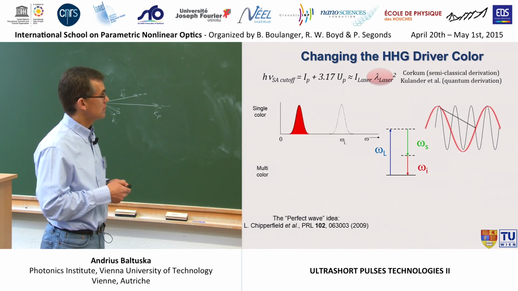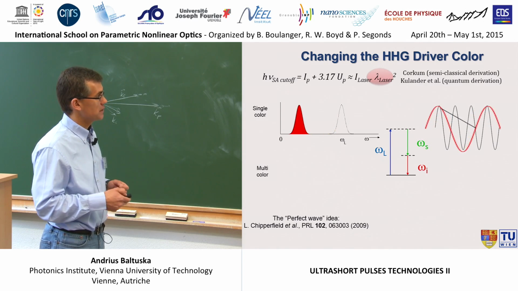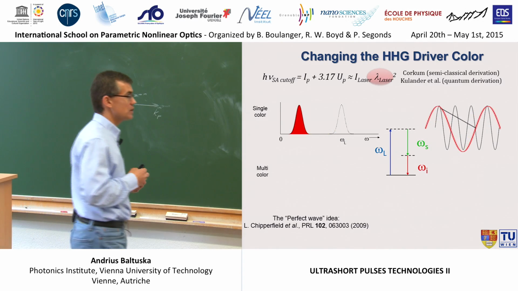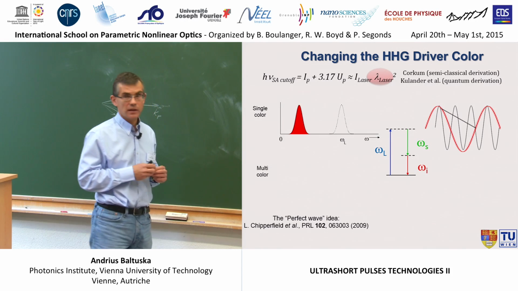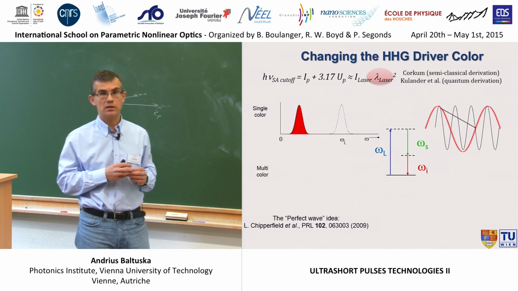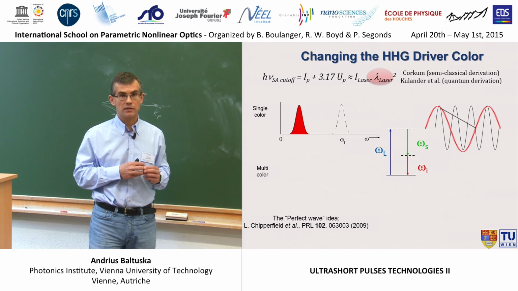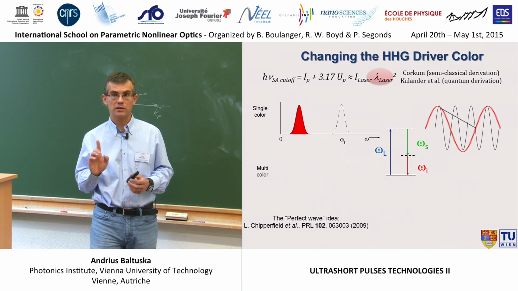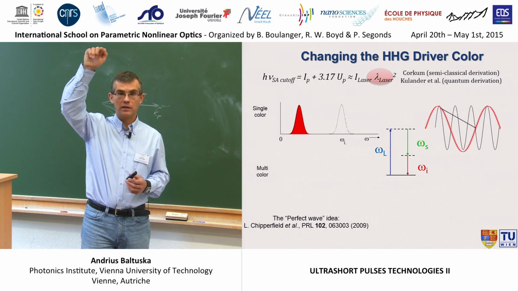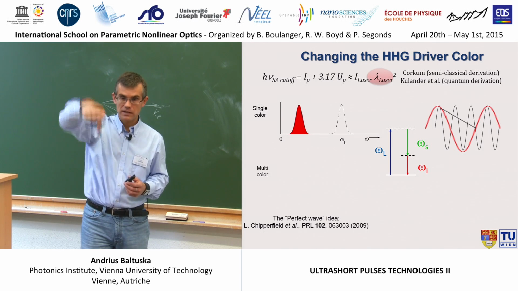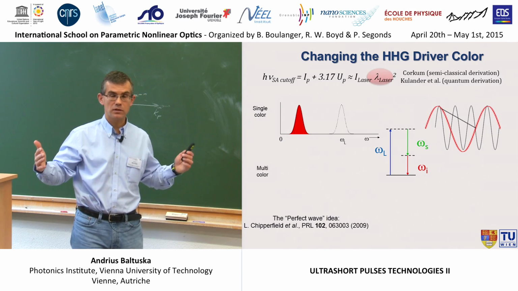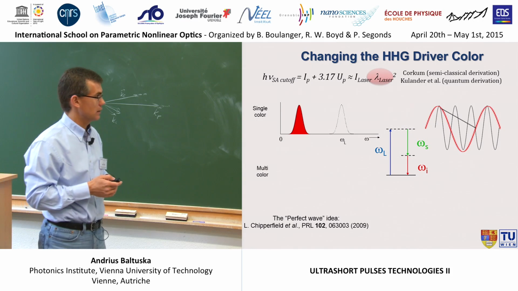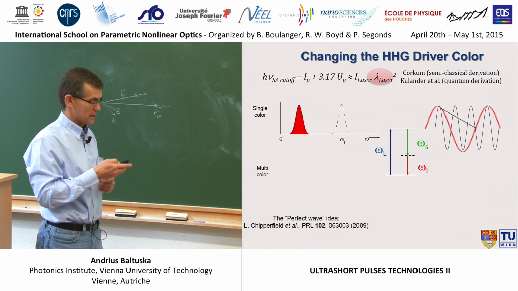We can tune the optical frequency down, and that creates a longer oscillation cycle. And this oscillation cycle acts as a miniature accelerator. So you have a longer duration within which the electron is first accelerated in one direction, then stopped, turns around, and then accelerates backwards. So the longer the duration, the higher the kinetic energy with which you can return. And that's the object of the exercise.